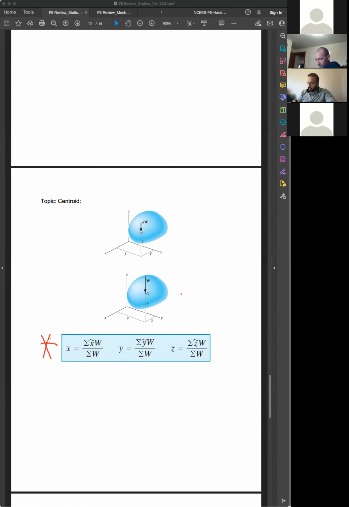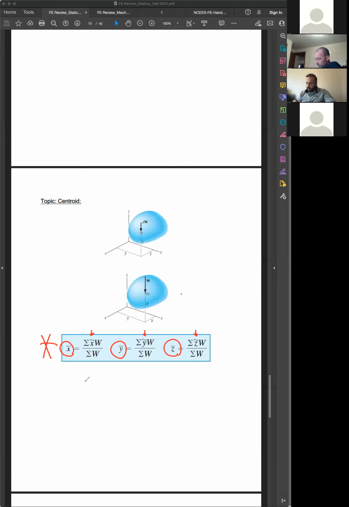These three, X bar, Y bar, and Z bar of the centroid or center of weight, can be found by the summation of all the small discrete weights multiplied by their location, the local centroid, over the summation of all the weights of the discrete members. For X, for Y, for Z. The only thing that changes is the local centroid in each of these equations.